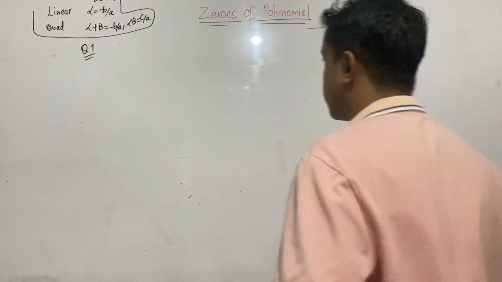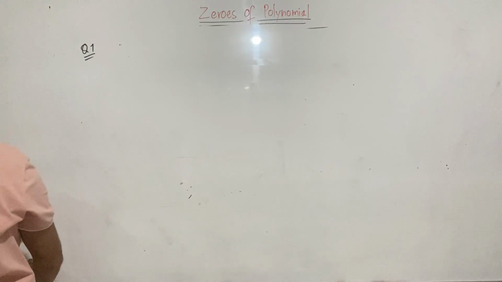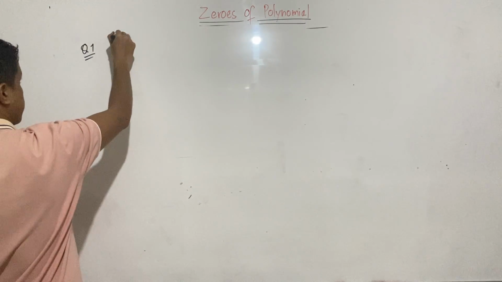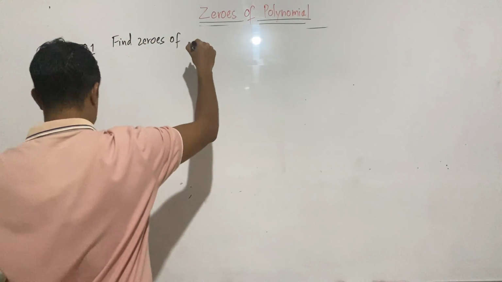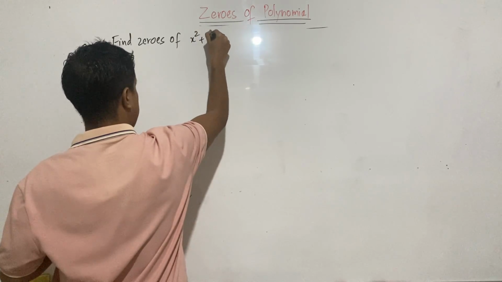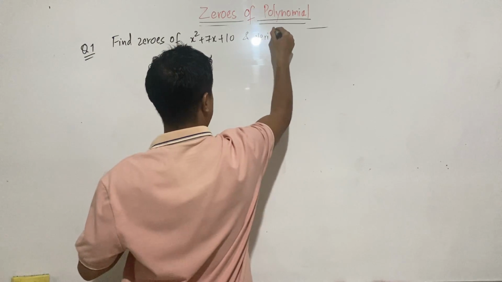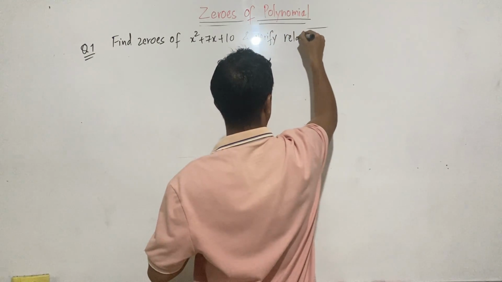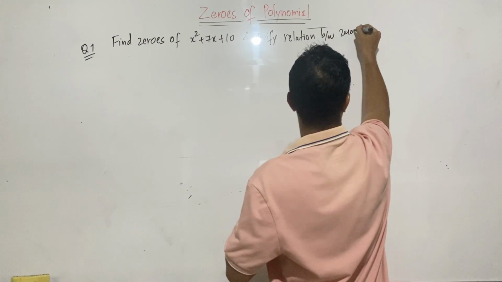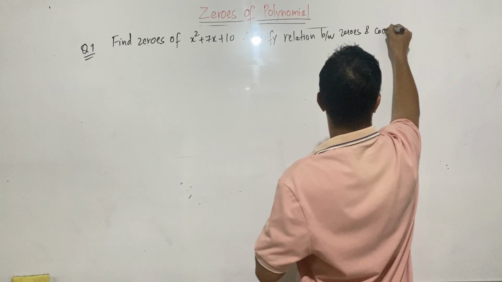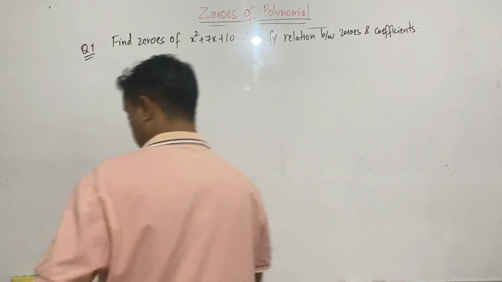All right, it's of no use. Okay, so the question says: find zeros of x squared plus 7x plus 10 and verify relation between zeros and coefficients. Quite easy.